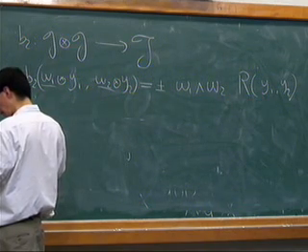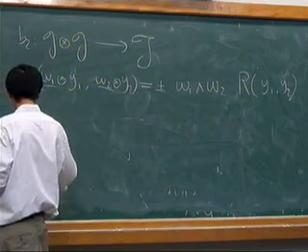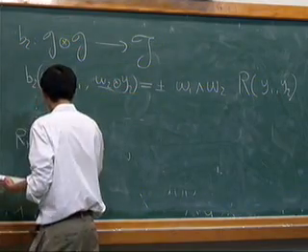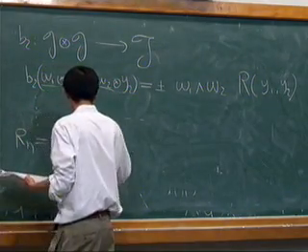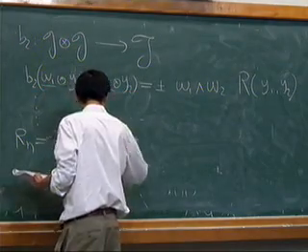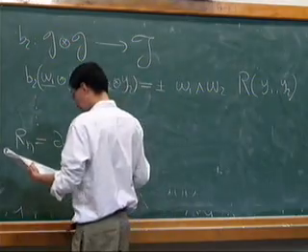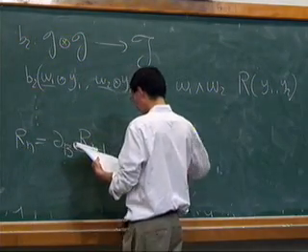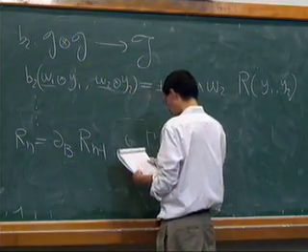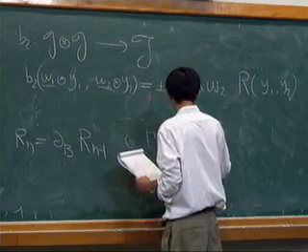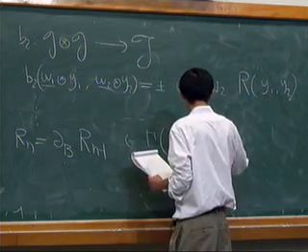The only thing is that Rn is defined to be Rn minus 1, which is a section of A star tensor B star.